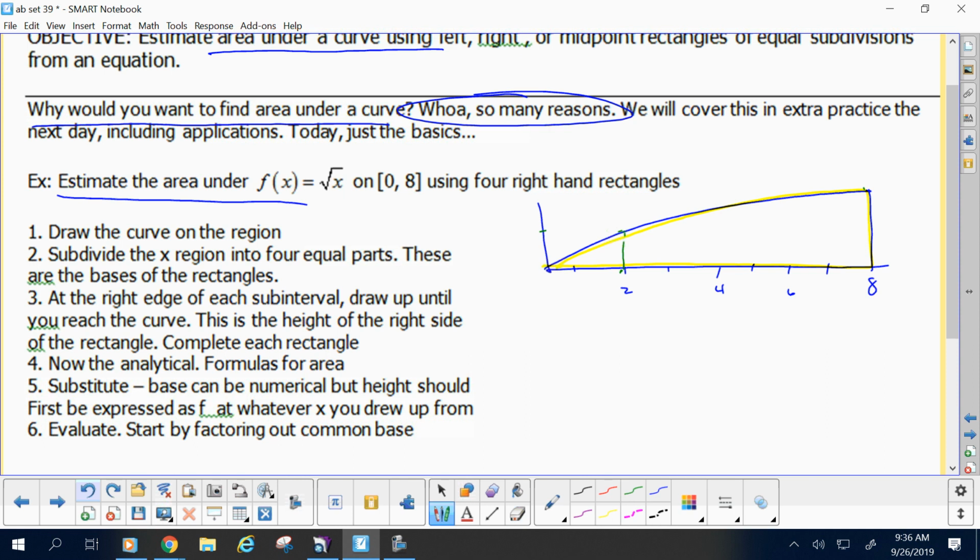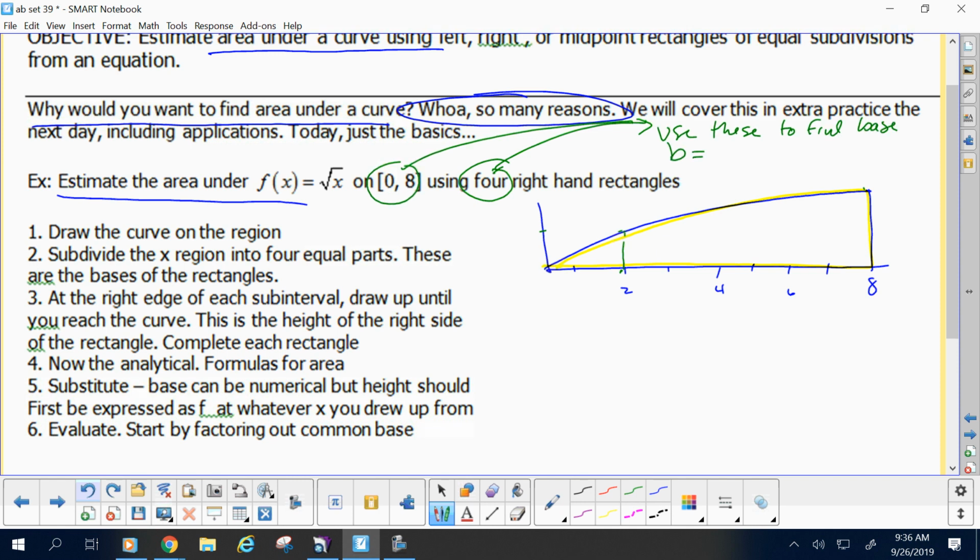For now, we're going to do just a finite number of rectangles, and in this case, I'm saying 4. So when you do 4 rectangles, you use these to find the base of each rectangle.